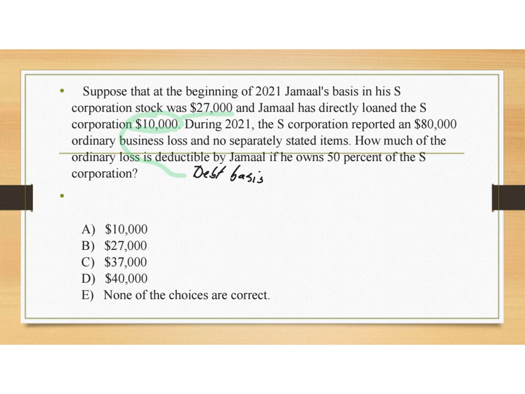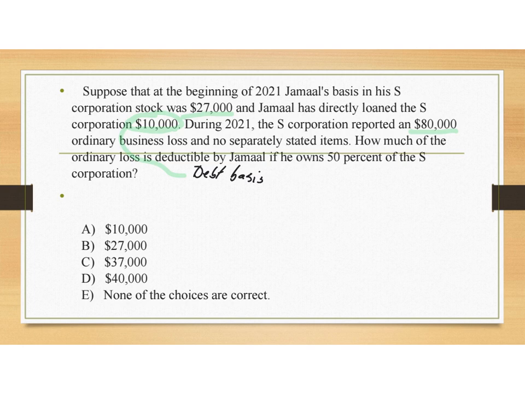During 2021, the S Corporation reported an $80,000 ordinary business loss and no separately stated items. How much of the loss is deductible by Jamal if he owns 50% of the S Corporation?